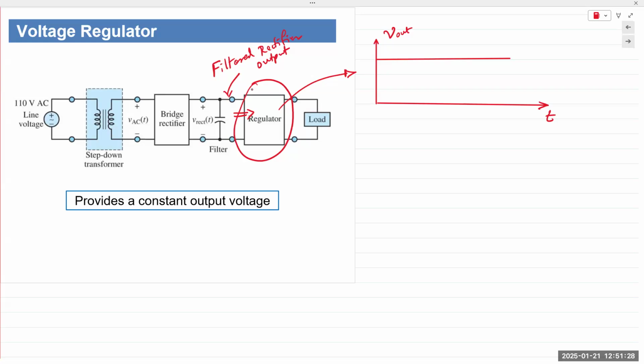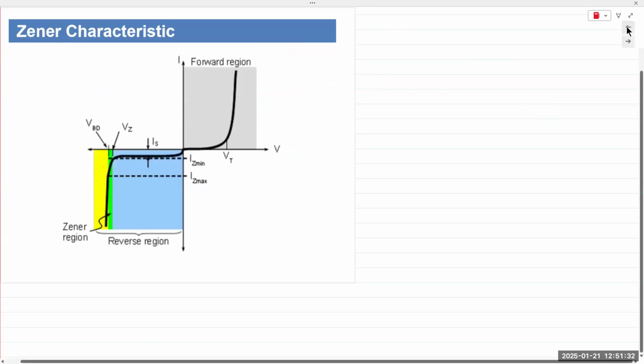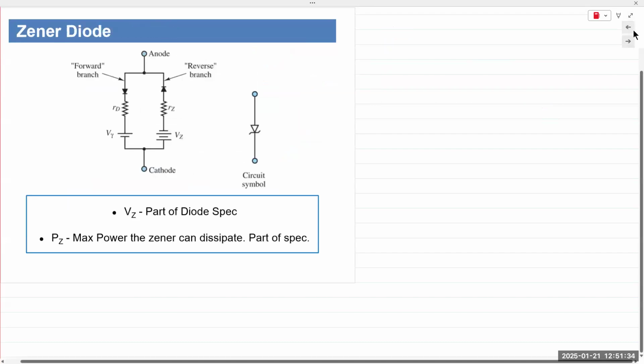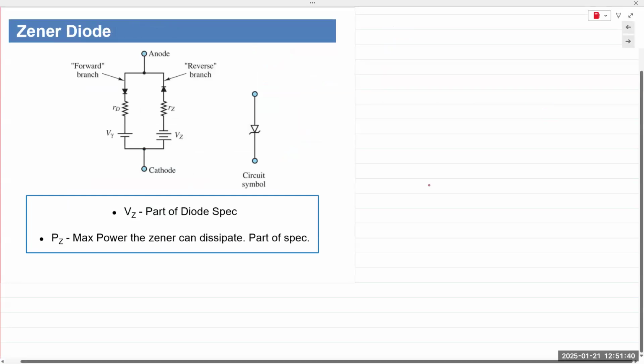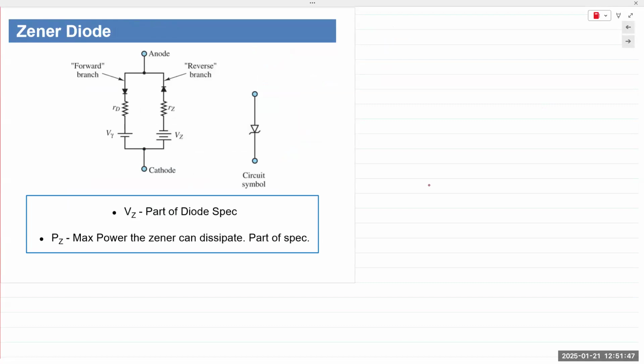And by far the most common regulator that we use is a Zener diode. Zener diodes are basically special purpose diodes that are operated in the reverse bias. And I spoke about the Zener effect. This takes place in heavily doped PN junction diodes.